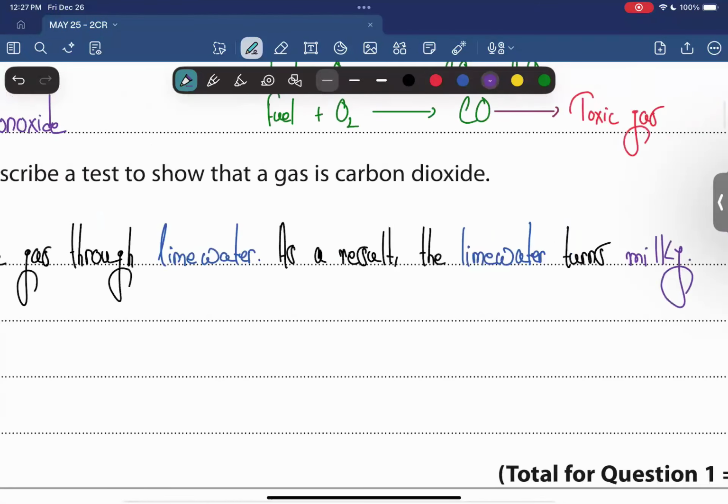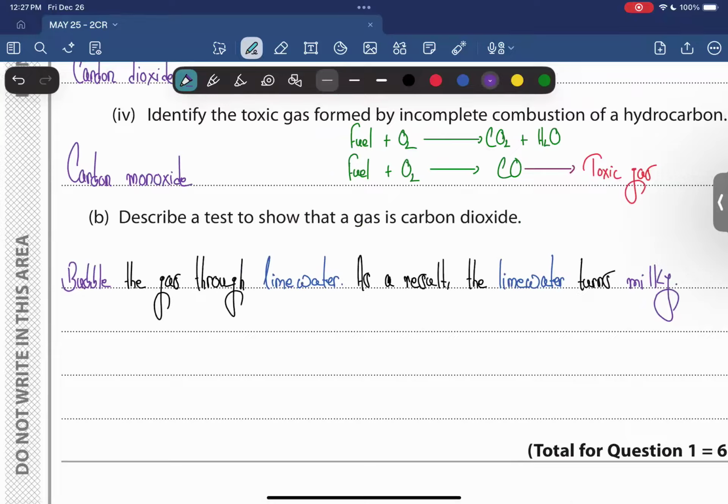That brings us to the end of question 1. Moving on to question 2.